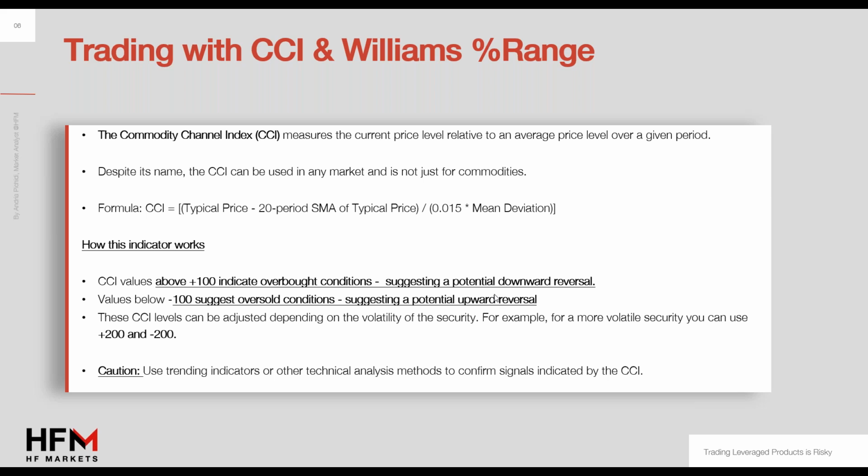You can say, but how is this possible? It is possible because before applying the CCI indicator to your chart, you need to make sure that the settings suit your asset.